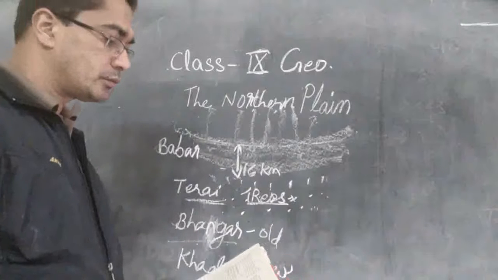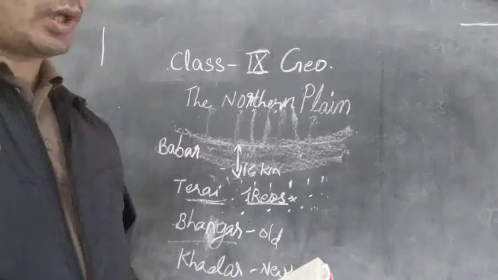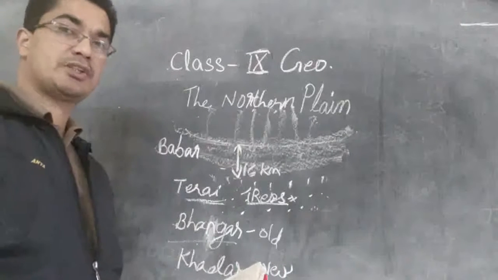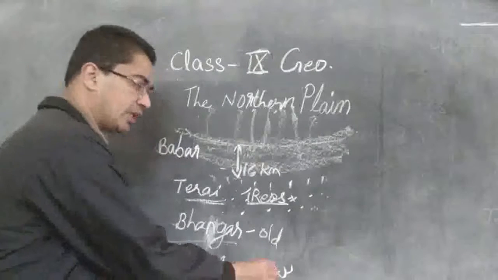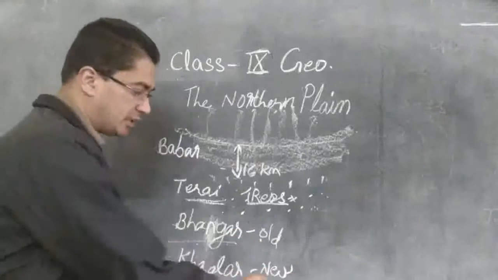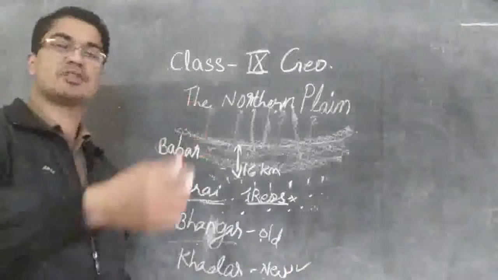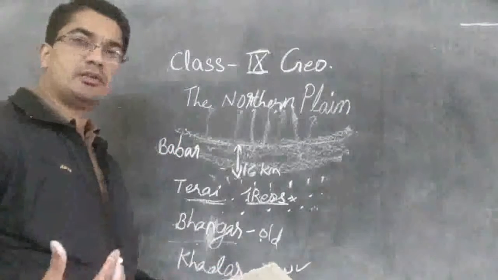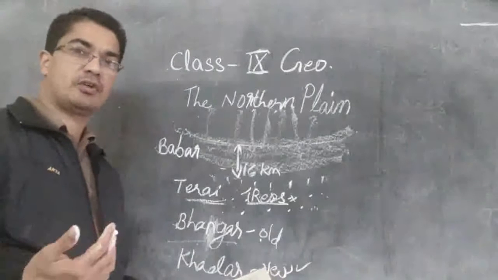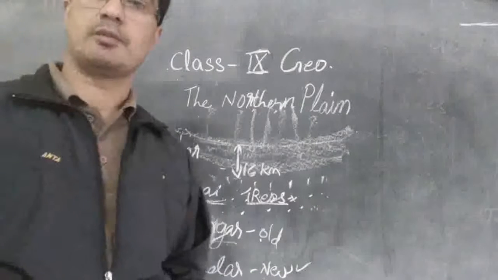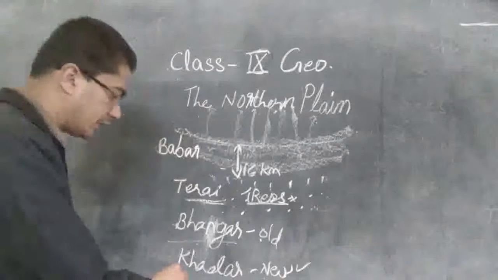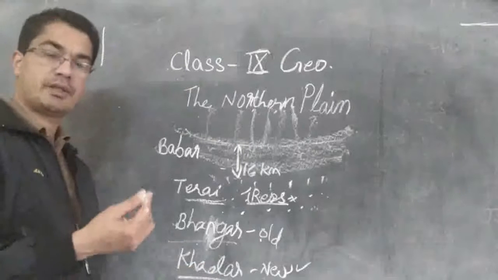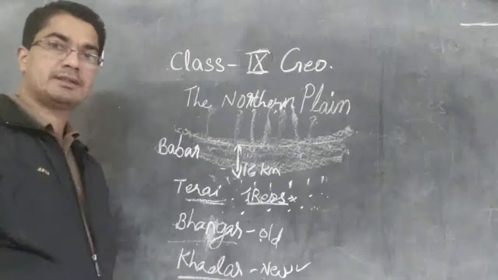And so they are fertile, thus ideal for intensive agriculture. So which soil is better for cultivation? New soil or old soil? New one is better because it comes fresh from the top of the mountains and it contains a lot of chemicals and elements which are good for the growth of agricultural plants. Therefore, the Khadar area, where this new alluvium soil is brought by the river, is intensely cultivated.